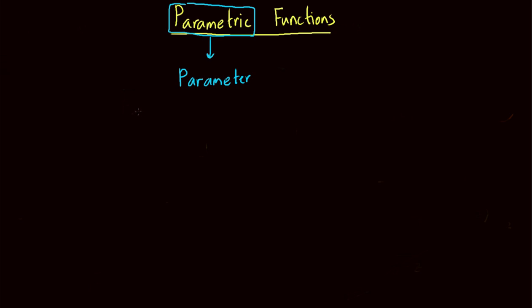For example, if we have a function x represented in terms of a parameter t, say t squared, and another function y represented by cosine squared t, you can see that x and y are represented by the parameter t. So this parameter in our case is t.